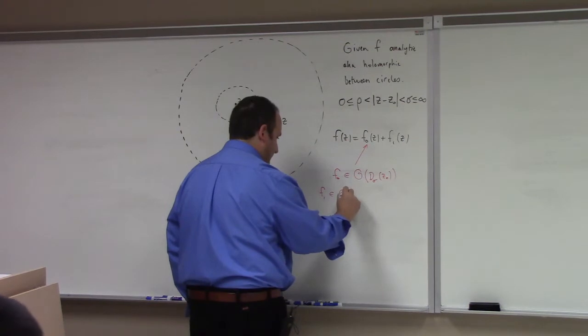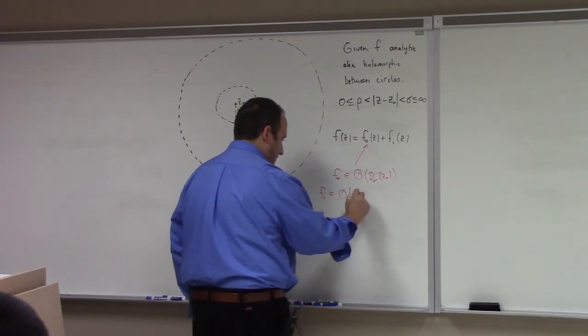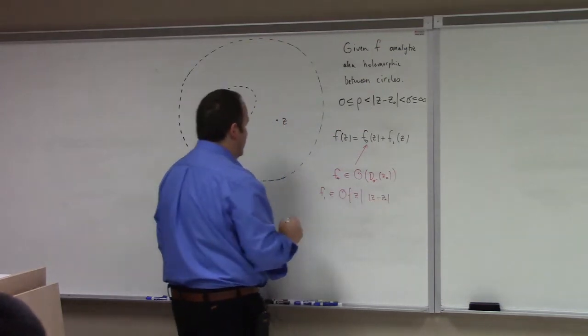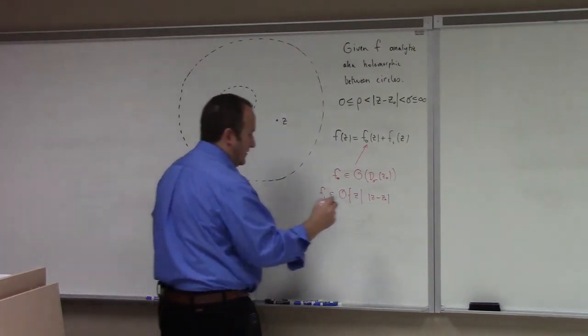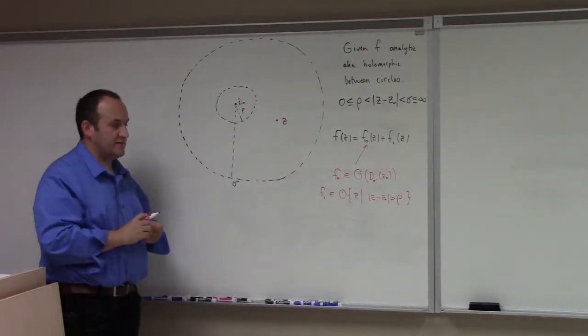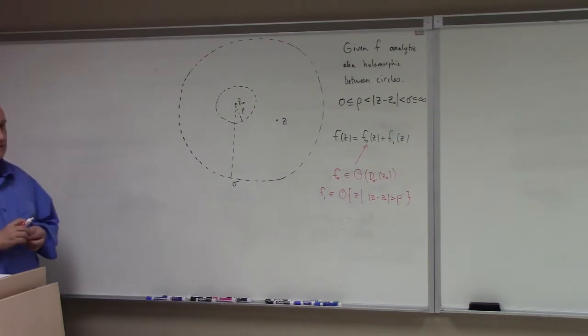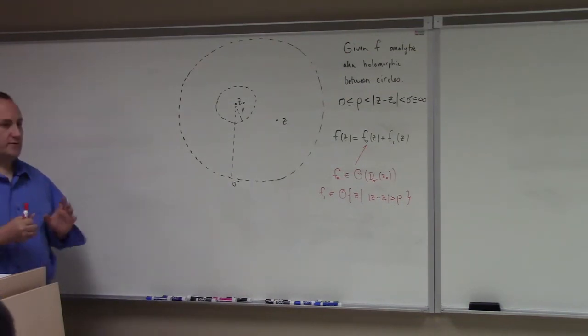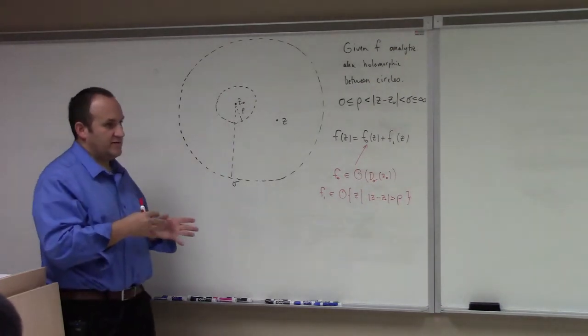I don't have a notation for this, so I'll write it down. So on that exterior annulus, f1 is analytic. And if we insist that f1 of infinity is 0, then this decomposition is unique. In fact, insisting that f1 of infinity is 0 is what gives us the uniqueness.